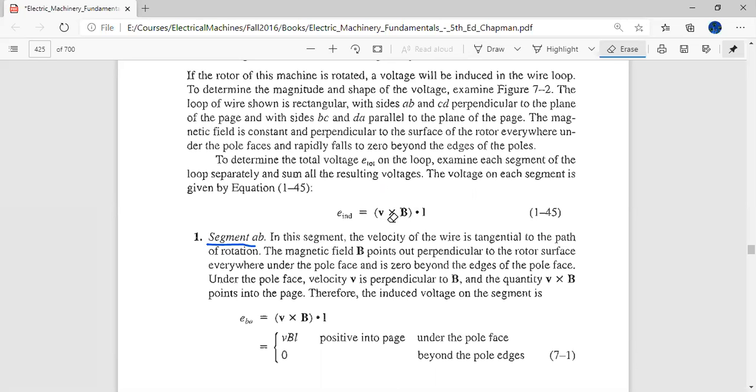We have applied our right hand rule and we saw that V is mutually perpendicular to B because V is at a tangent to the circle, B is coming radially towards that circle, and L is the direction of the current. This length vector L is taken as the same, and which is also mutually perpendicular to both V and B.